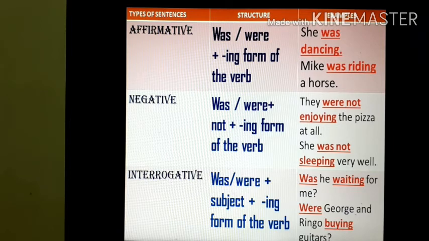They were not enjoying the pizza at all. She was not sleeping very well. Were not enjoying, was not sleeping are negative sentences in the past continuous form. In interrogative, the structure is was or were plus subject plus the ing form of the verb. Examples: was he waiting for me? Were George and Ringo buying guitars?